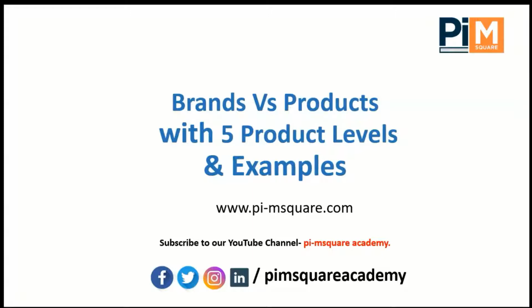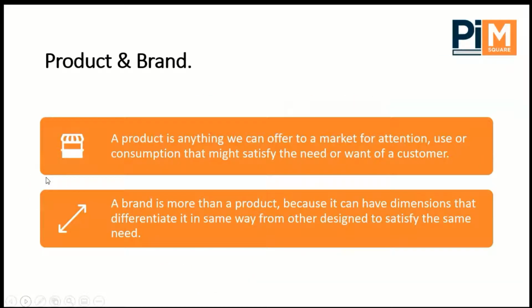Let's start. What is a brand and what is a product? So here is the differentiation between the product and a brand. A product is anything we can offer to a market for attention, use or consumption that might satisfy the need or want of a customer.